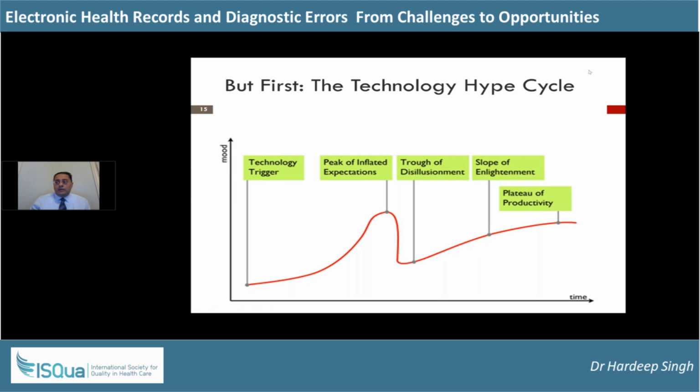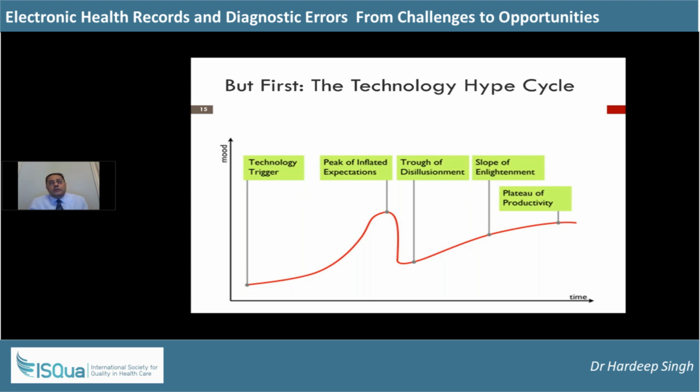And I wanted to show this slide just to give you an idea. You might be in different stages of health information technology adoption and success, and you might be able to relate to one of these stages. But I want to put this in context before I give you some of the stories that I'm going to tell you over the next few minutes.